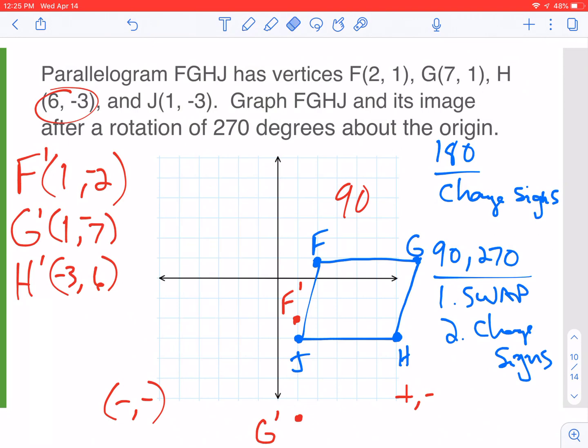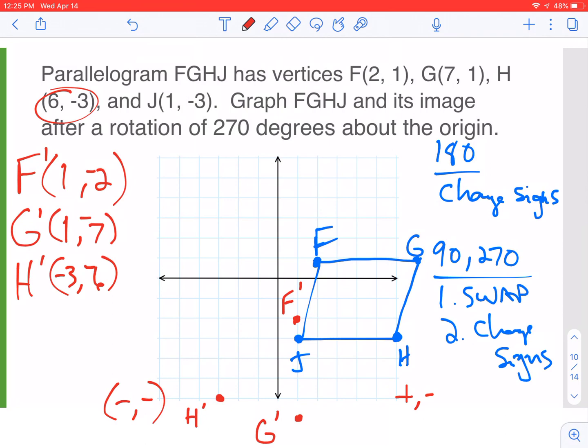So let me erase my numbers. That should say F. Okay. So now H prime, I flipped them, but now that's going to put a negative in front of the 6. So 1, 2, 3, 1, 2, 3, 4, 5, 6, H prime.